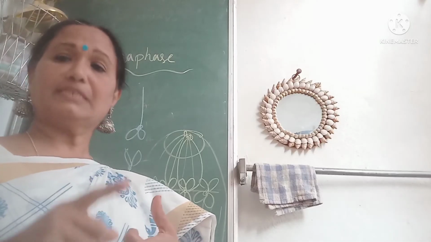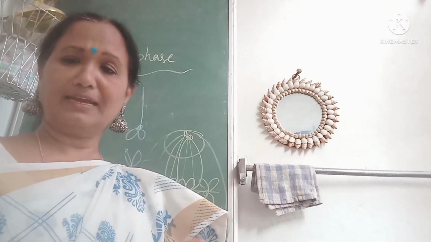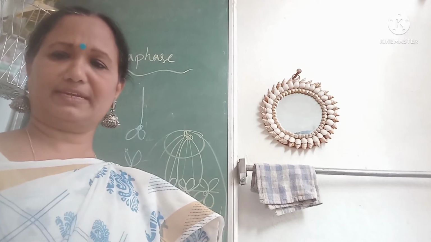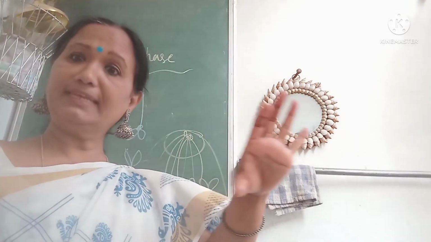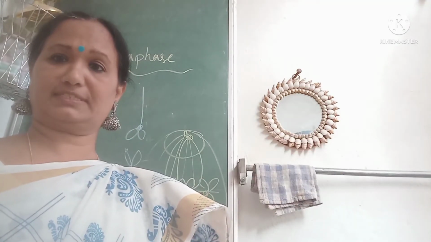First, the centromere splits and the chromatids separate. Then these chromatids move to either side toward the poles.